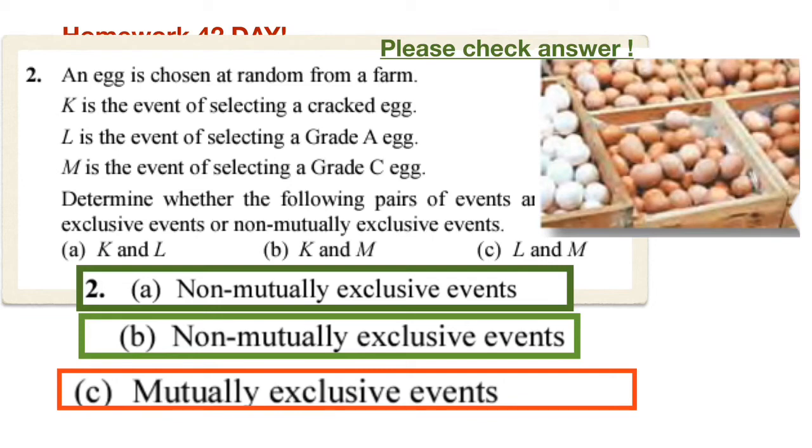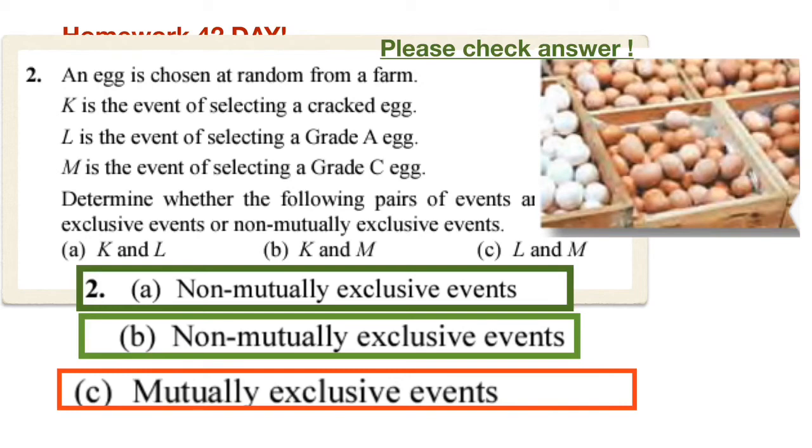Grade A can also be a cracked egg. So that means K and L are non-mutually exclusive events. Same thing happened to K and M. Grade C and cracked egg can happen at the same time, right? So K and M are also non-mutually exclusive events.